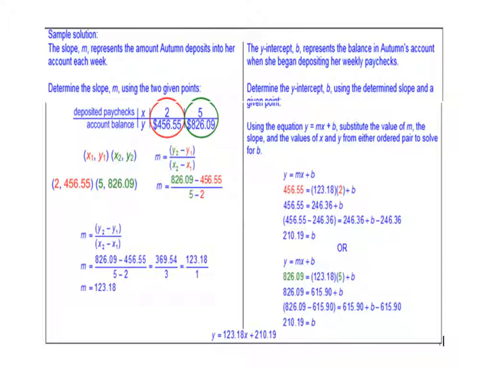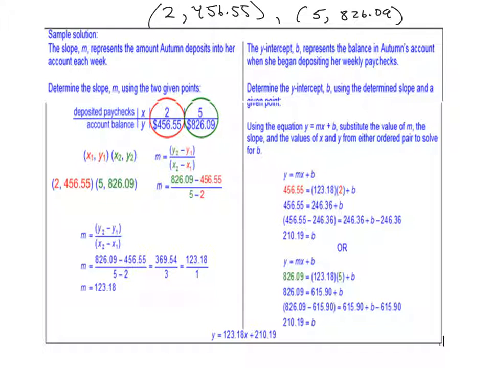Well, we need to find slope. So they gave us two things. They said second paycheck, which was x, and the balance was $456.55. So literally that's giving us, let's write it up here, 2, 456.55. Okay, that's one ordered pair. And then it said after her fifth paycheck, so fifth is x, and she had 826.09.